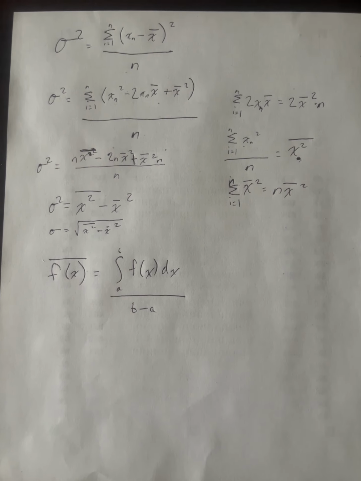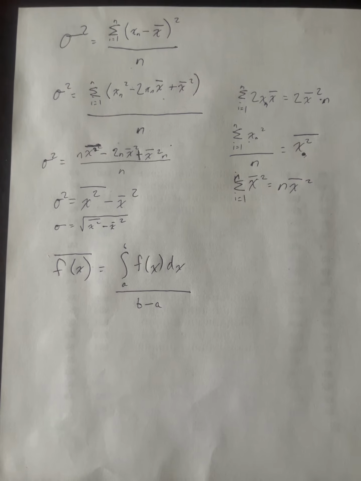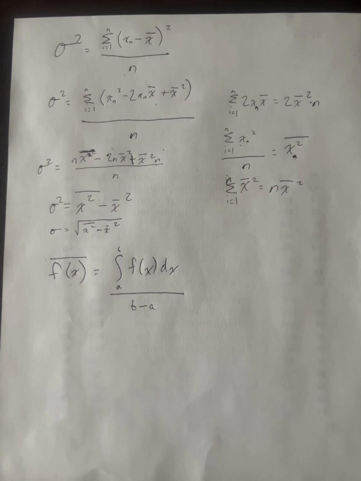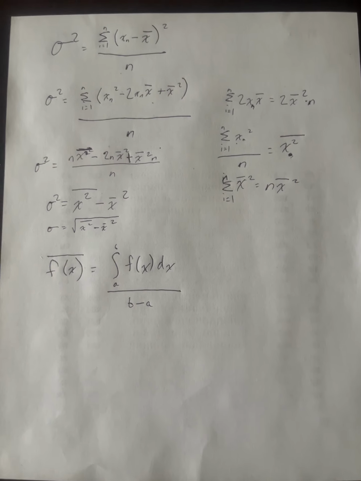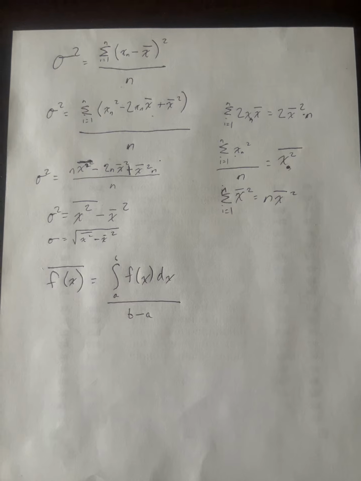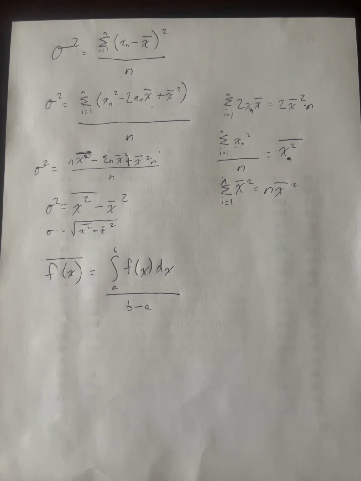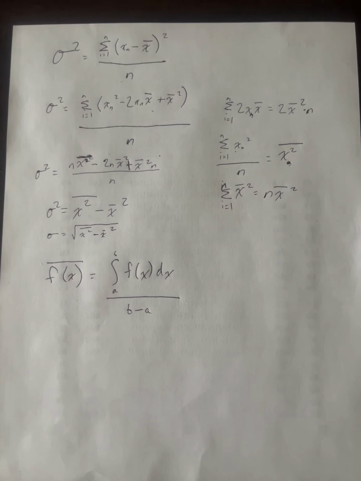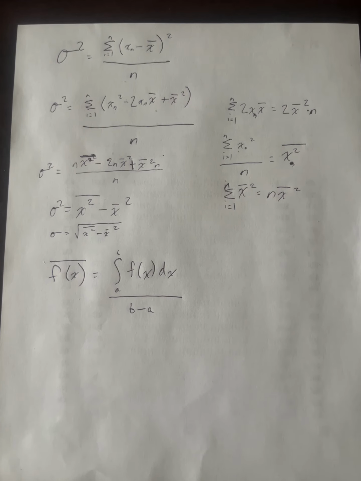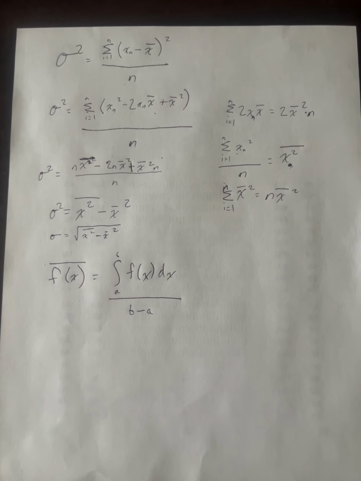And this same formula works for finding the squares, or the square function's average, and that applies in general. And that is how you generalize a mean and a standard deviation to continuous functions.